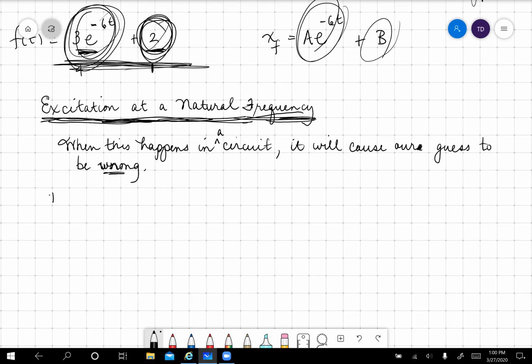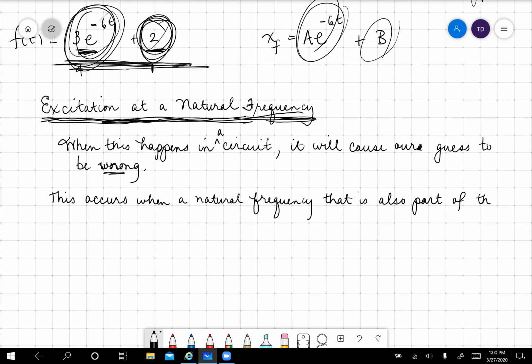This occurs when we have, basically, a natural frequency that is also part of the forcing function. So that's when it happens.